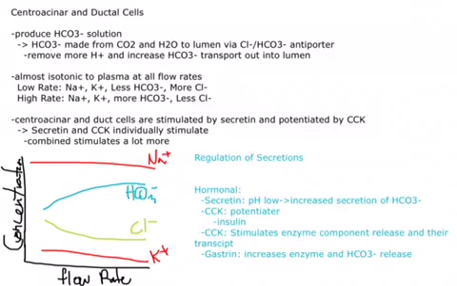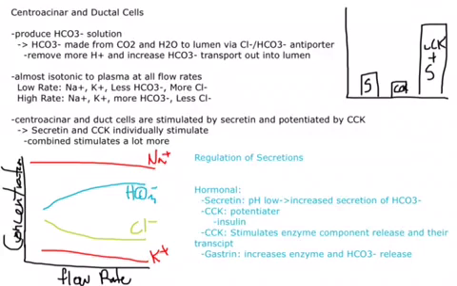Maybe it's easier to see in a graph. Here's just the secretin alone, which would still stimulate, but not as much. Then we have the CCK a little bit lower than secretin, but when they're together, it's stimulated a lot more.